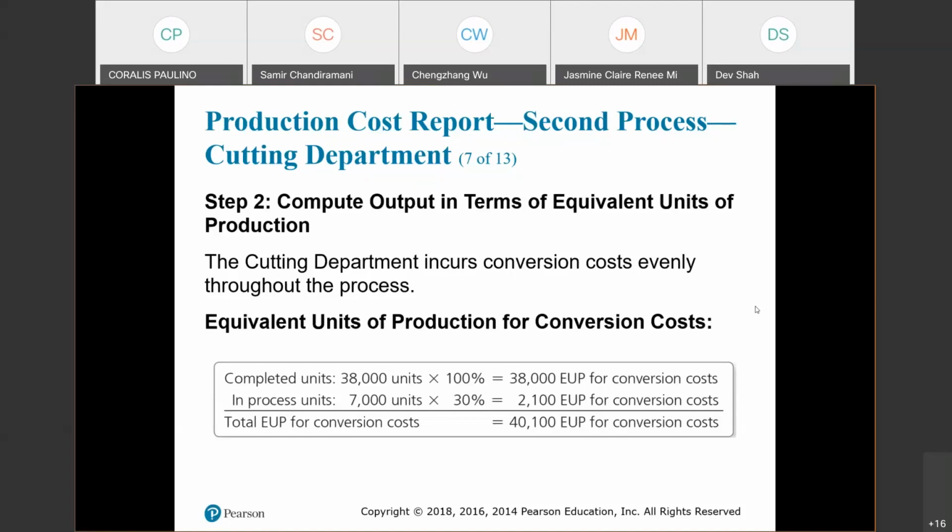So we assume 30% of the conversion cost has been added to the incompleted units. That's why we times 30% here in terms of calculation of EUP.